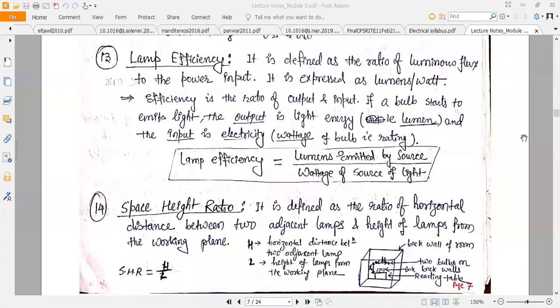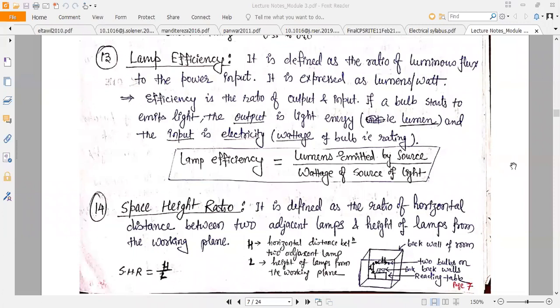Okay, the next term is the space height ratio. What is this space height ratio? नाम से तो सिंपल पता चल रहा है कि it is a ratio between the two distances. Okay, ये distance क्या है?